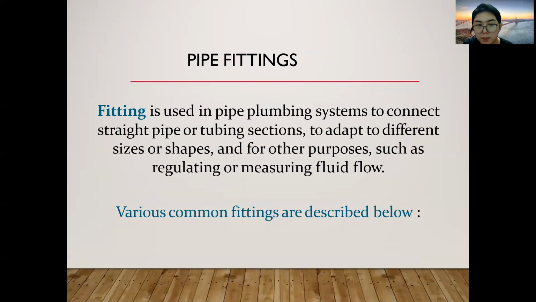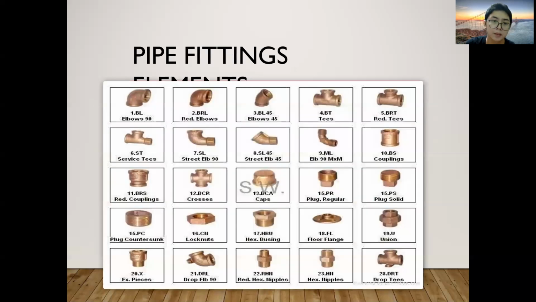So pipe fittings. A fitting is used in pipe plumbing systems to connect straight pipes or tubing sections, to adapt to different sizes or shapes, and for other purposes such as regulating or measuring fluid flow. Various common fittings are described in the following slides. As you can see, these are the diameters, different measurements of pipe fittings.